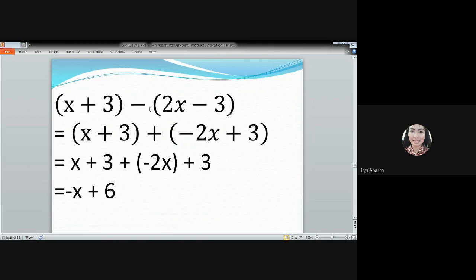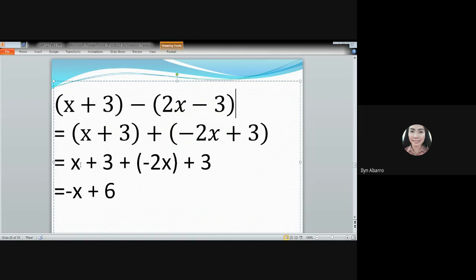So first, we're going to convert this subtraction into addition by changing the sign of the subtrahend. This is the subtrahend, the positive 2x minus 3. So, positive 2x will then become negative 2x and negative 3 will become positive 3. And then we proceed to addition. Okay, we simply remove the parentheses and then add.